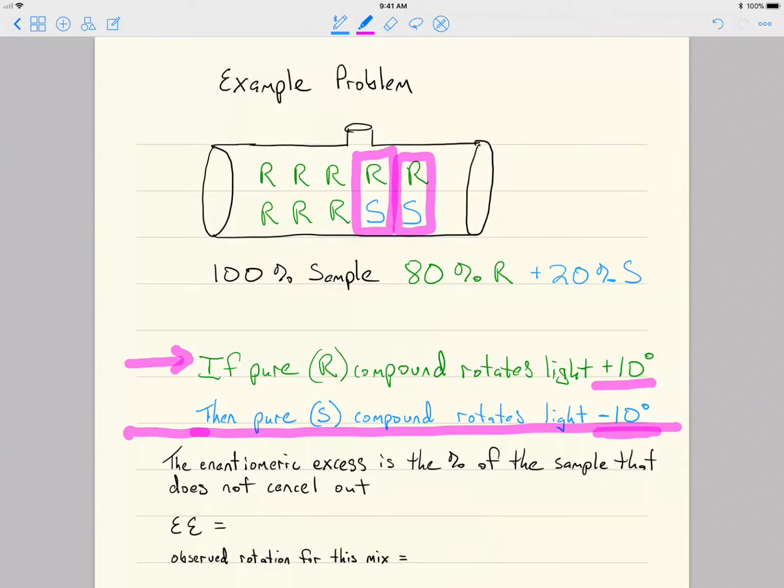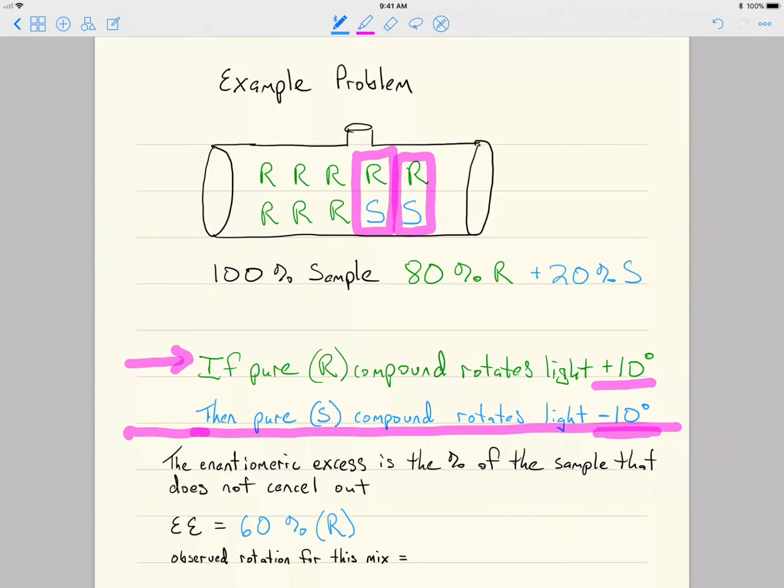So, if I had the example that I have up here above, then 60% of my sample has an enantiomeric excess of the R compound. The R compound is in excess. 6 out of 10 of my R compounds are in excess, and then 2 of my R's canceled out with 2 of my S's.